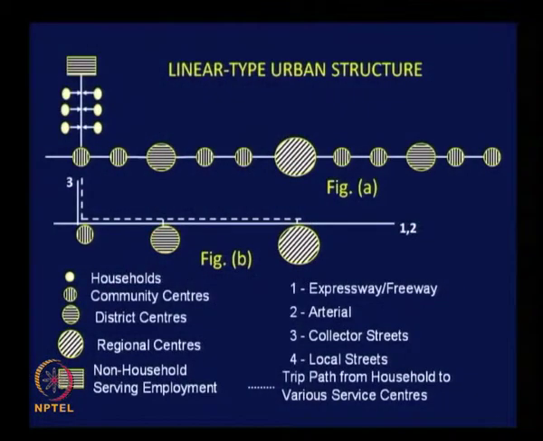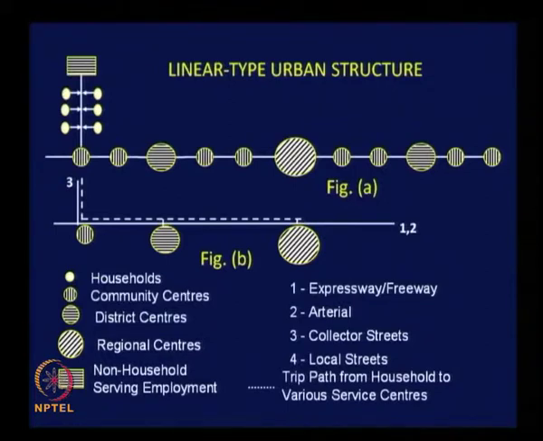And it is assumed in these cases mostly people reach out to type 3 routes even by walk or bicycle, not using motorized vehicles most of the cases. And this is one type of structure where there is a clear advantage of providing public transit system, because it is easily accessible and access to the corridor is not a problem. You can operate very efficient public transit systems in this type of urban structure.